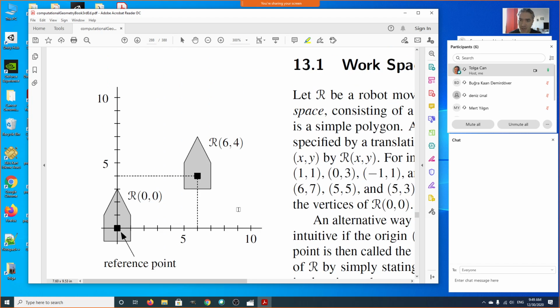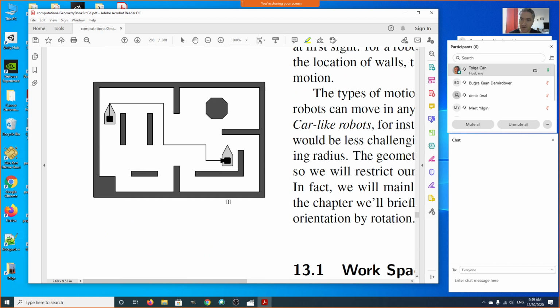All right, now this is how we are going to represent our robot's movement, and the robot's movement in the scene will be a sequence of configuration changes. When the robot is moving in an environment, the configuration change may be continuous.